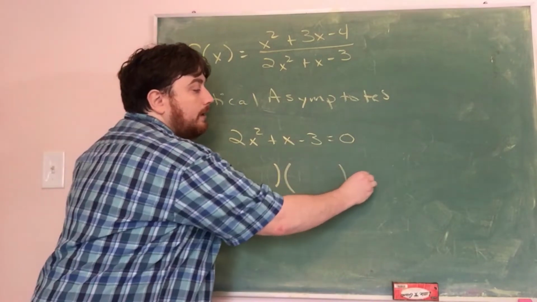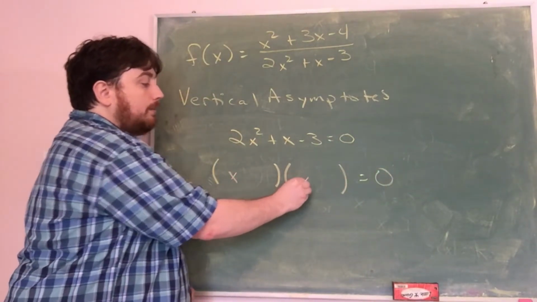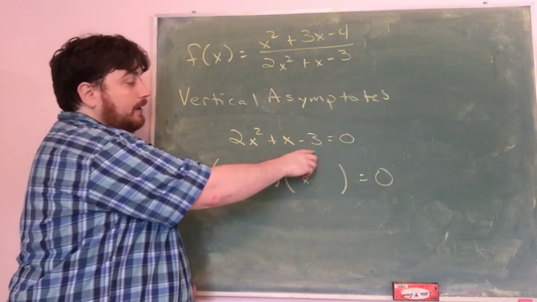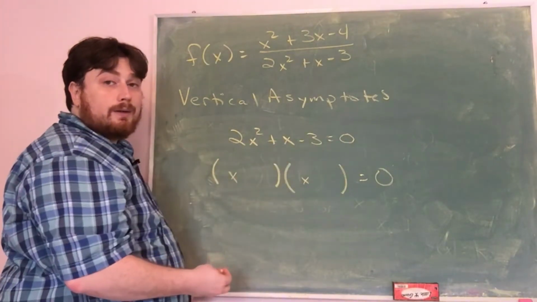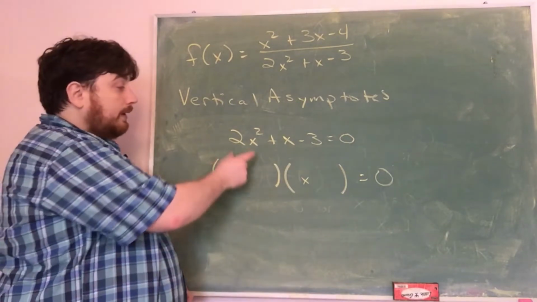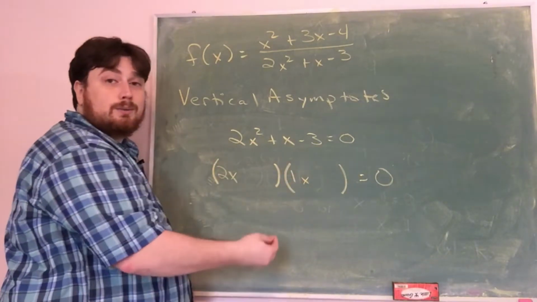And so what we're going to get here is the product of the two monomials, where the coefficients in front of x have to multiply to 2, and the constant coefficients have to multiply to -3. So the reason why this is relatively nice is that the only factors of 2 are 1 and 2, so I know one of these is 2 and one of these is 1.